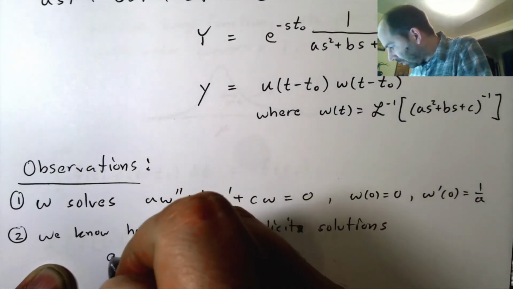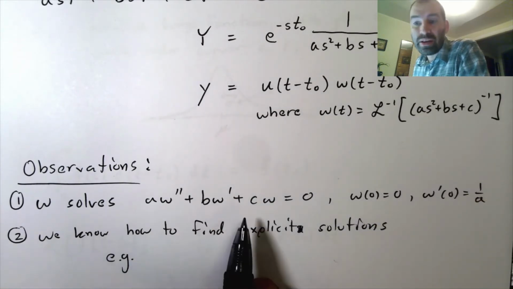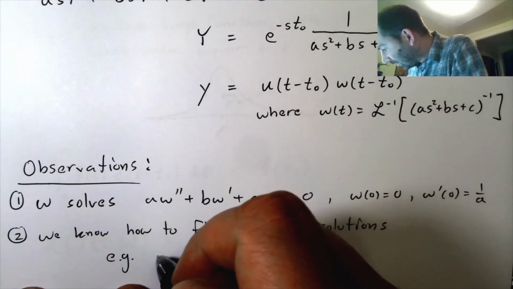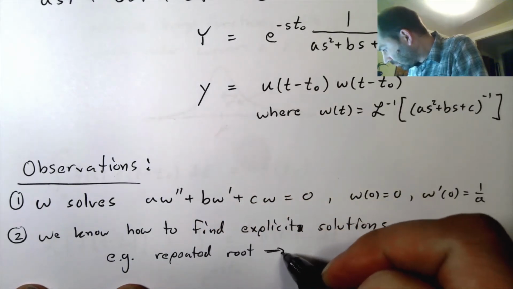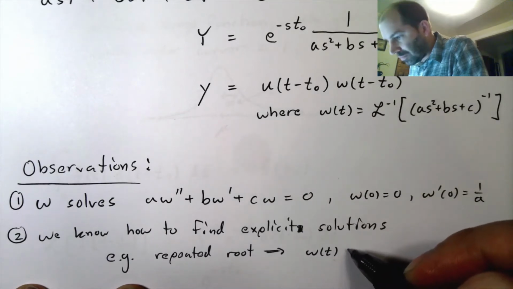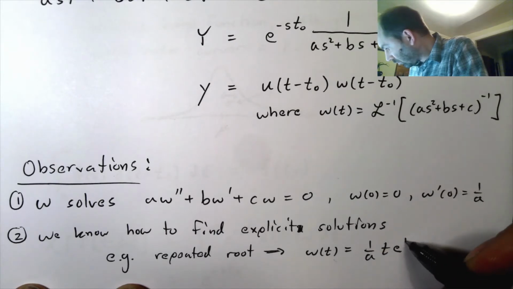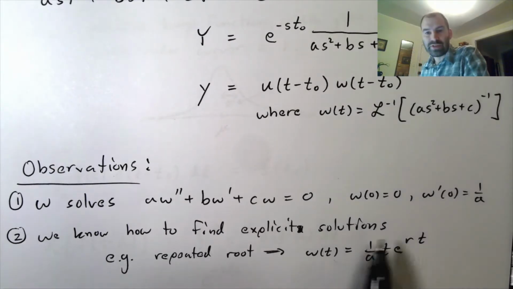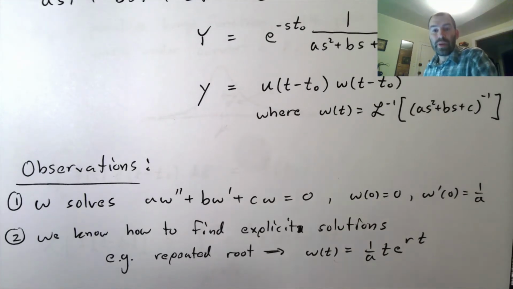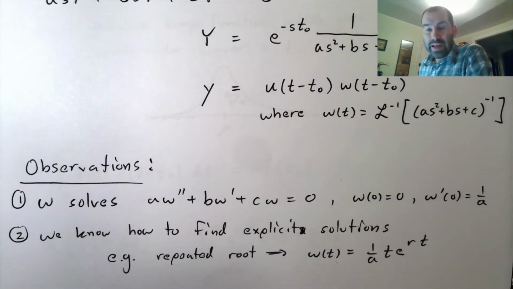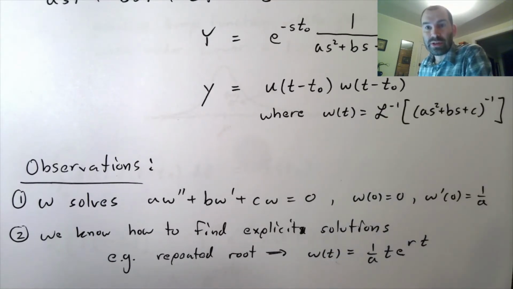So for example, in the case of a repeated root, we would have something like this as our solution. Okay? So what we're really getting here is a shifted version of one of those as our solution.